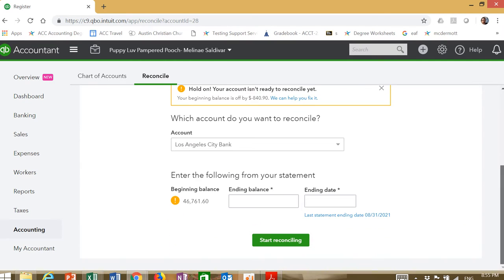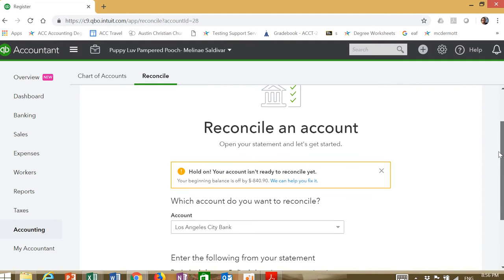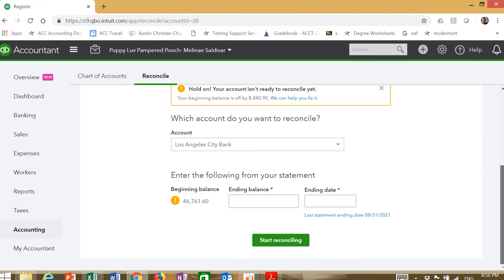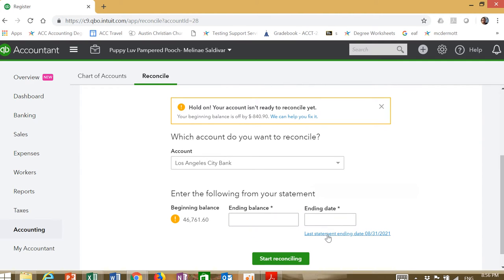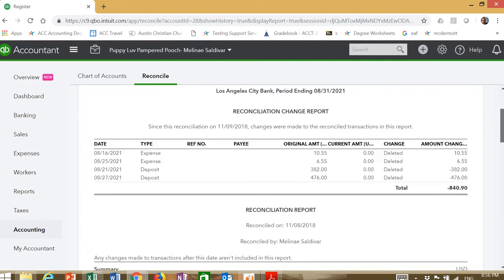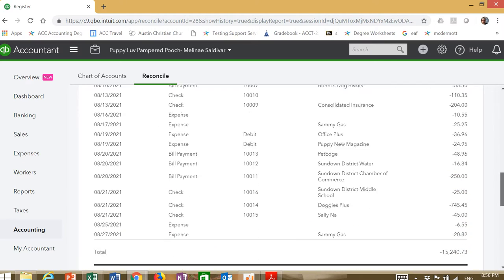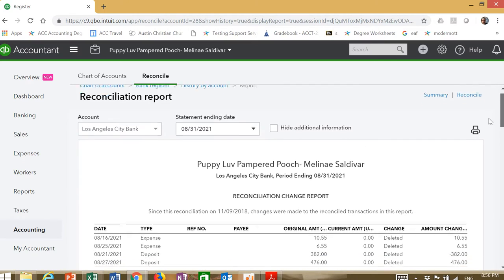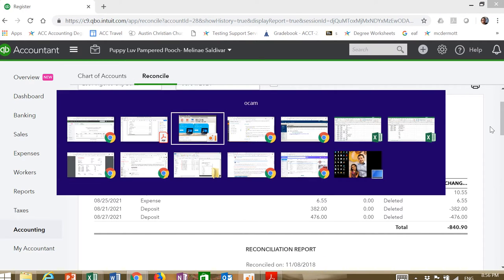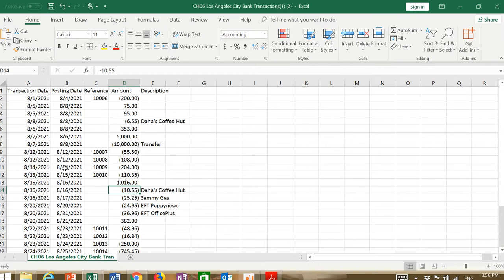So what we'll probably do in that case, the last reconciliation we'll go to. So it looks like you did one for August 31st. So let's go and look at the statement and the Excel download.